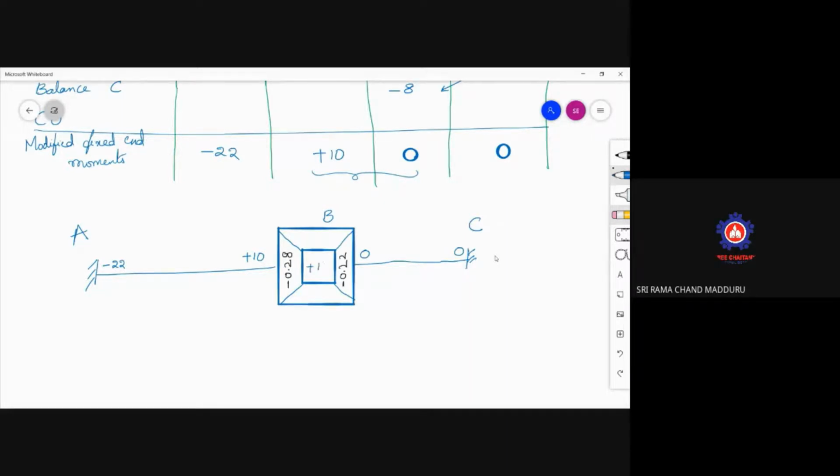So this will be plus 10, which you mention in the inner circle, the summation of the fixed end moments, plus 10 plus 0.